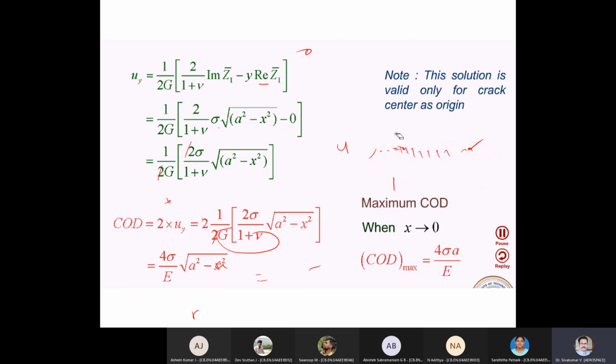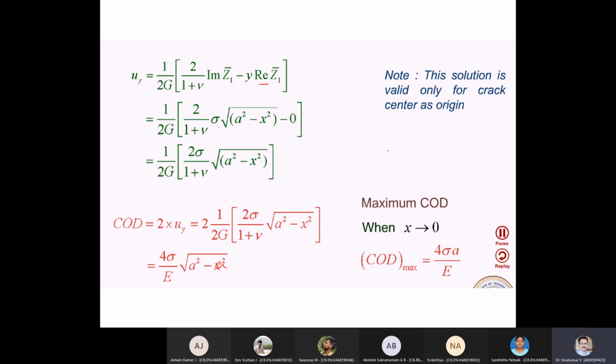What is this used for? The crack opening displacement is one of the criteria I am supposed to find. It is one of the criteria in the design process, because I can make sure that my COD should not exceed a limit. I can set a criterion, or I know my material's ultimate capacity and the load level.